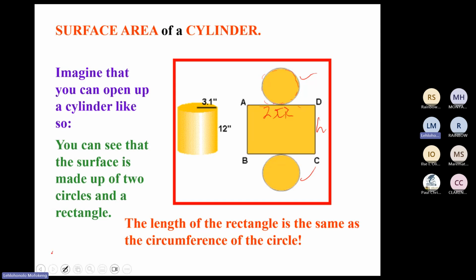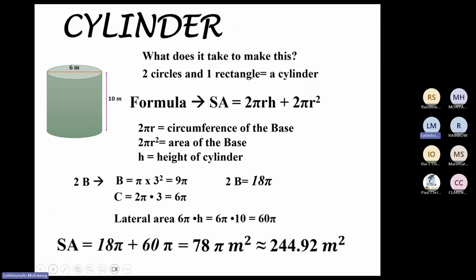Right, so if we move forward, here is the cylinder. What does it take to make this cylinder? We know that it will be 2 circles as well as 1 rectangle. So if we want the surface area of this, it means it will be 2 pi r, and this 2 pi r will give us 2 multiplied by half of 6.